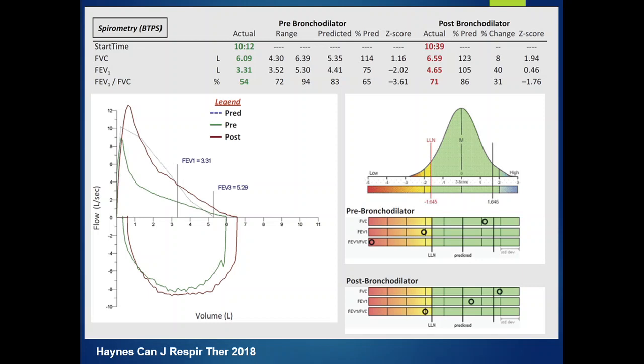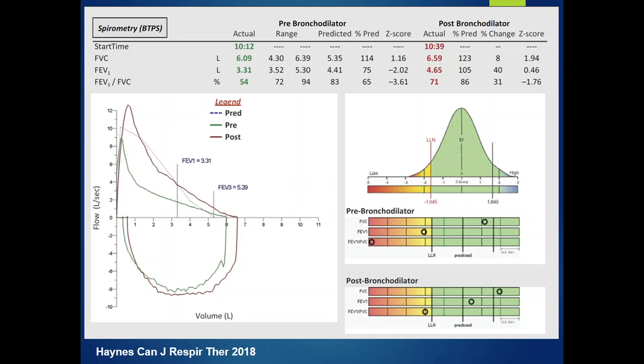This spirometry shows an FEV1/FVC ratio of 54%, which is less than 70%. So this is obstructive, and also it is less than the lower limit of normal, which is 72. So by the two criteria, it is below 70%, so this is most likely an obstructive lung disease. We're going to look at the FVC at the same time. FVC is 6 liters.